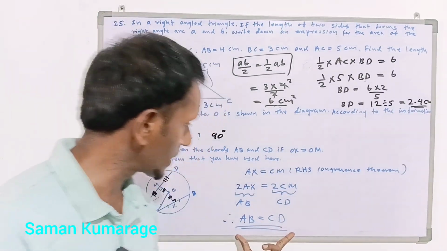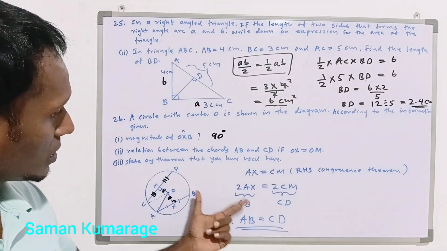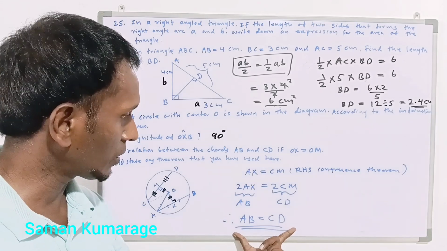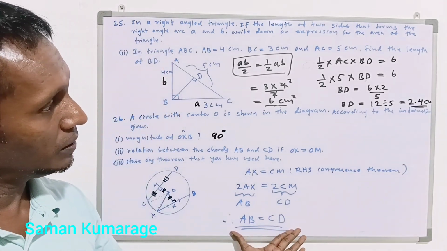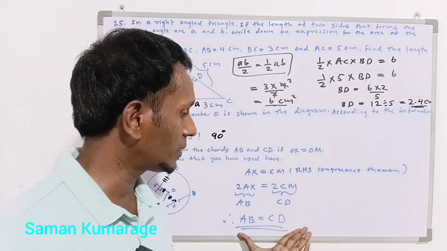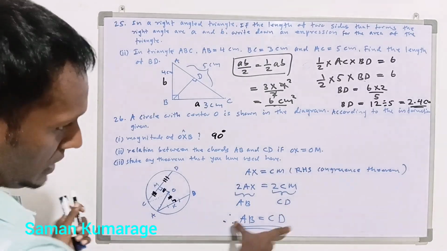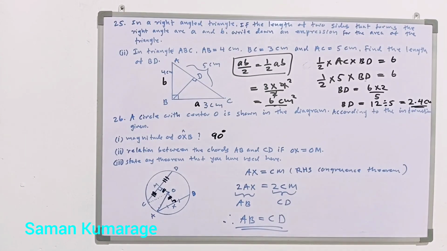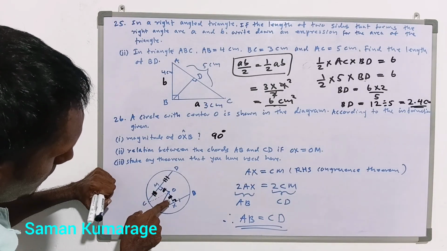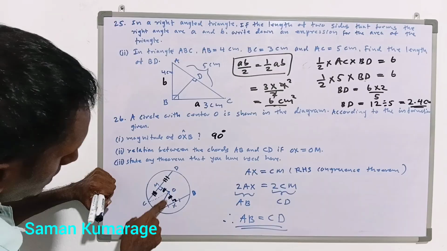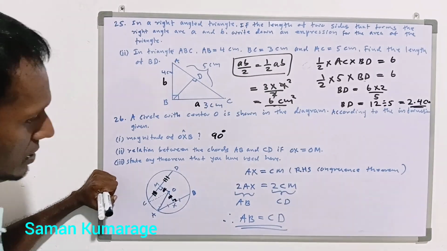But without proving like this, there is a theorem, but that theorem we have not studied. We don't study that theorem for ordinary level. According to that theorem, the chords equidistant from the center of a circle are equal in length.